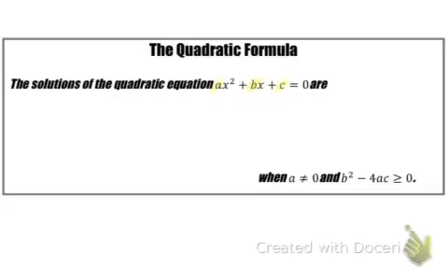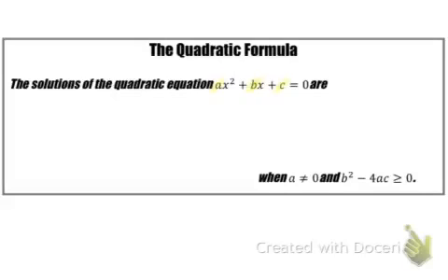So how I always remember the quadratic formula, I always like to sing a song in my head. And for a minute I'm going to let you guys get inside of my head to help you memorize the quadratic formula. So here we go.